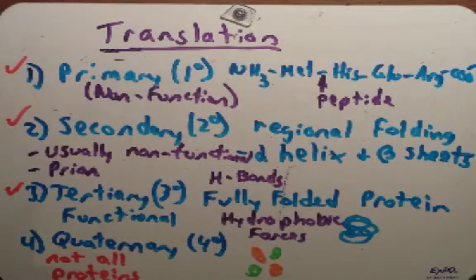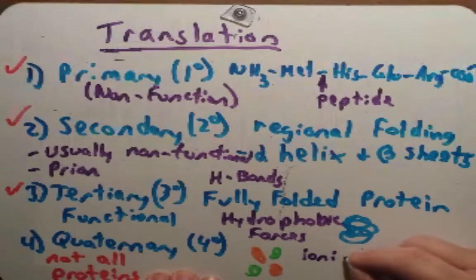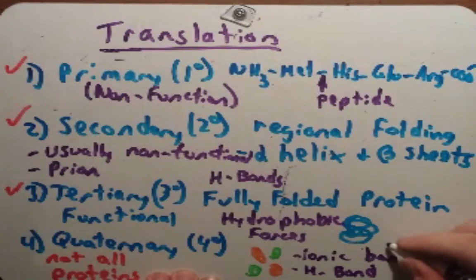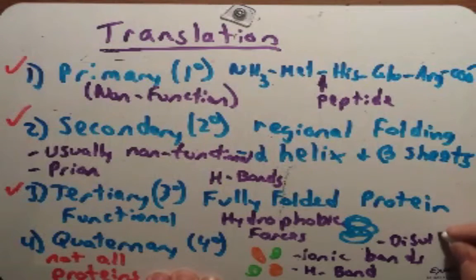These are often characterized by ionic bonds, hydrogen bonds, and I'll write it here, disulfide bonds. There can be some hydrophobic interactions as well. So a lot of things can hold these quaternary structures together. Not covalent bonds, but more weaker associations. Van der Waals would fit in here as well.